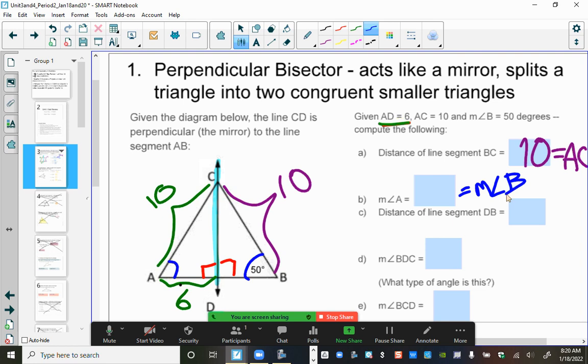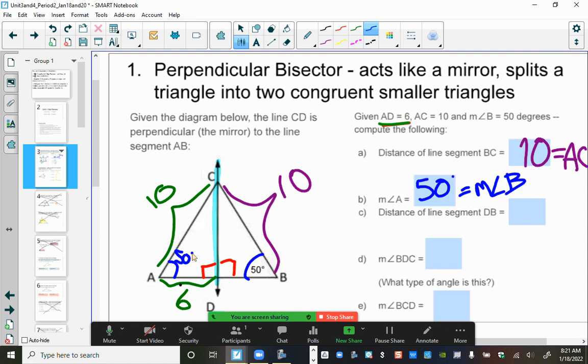Angle B is how many degrees? So if angle B is 50, then A is going to be 50 as well. Both are 50 degrees. Now, we know something else.